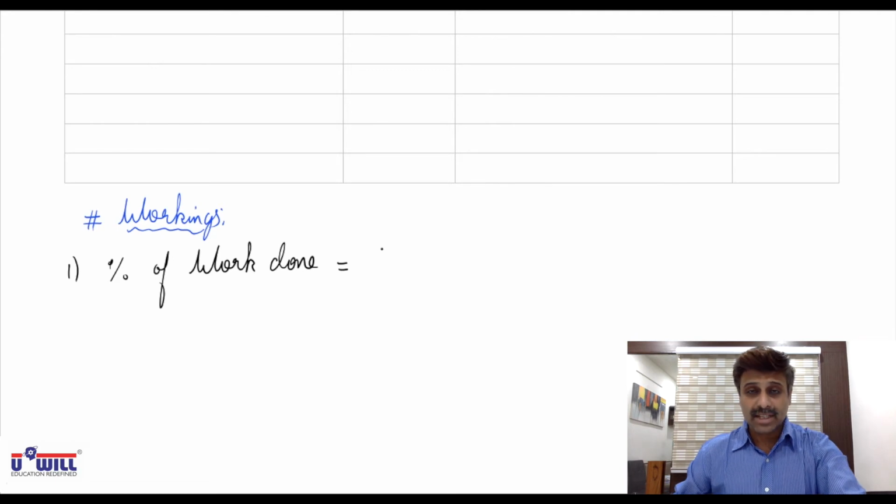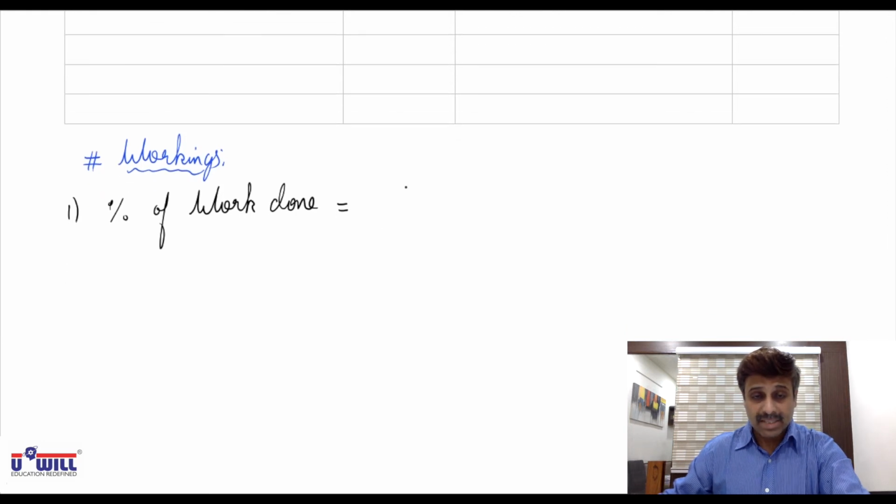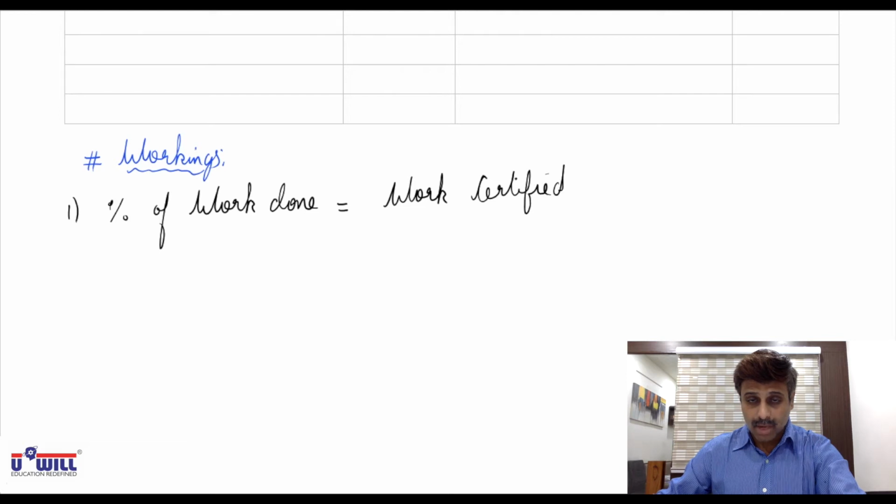All of you check it after that notional profit, which we have made the whole table. Below that you have written it. Check it up in the formula, everyone. Percentage of work done is obtained as work certified divided by contract price into 100. Okay, so what total part of the whole contract is completed we can find from this. Work certified divided by contract price into 100.